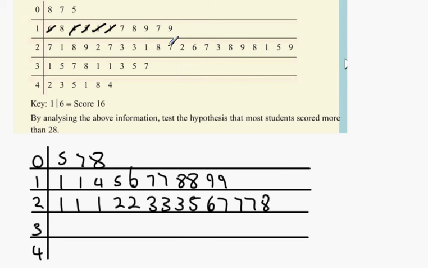Then 8, 8, 8, 8. 4 eights. And how many nines? 3 nines. Okay.